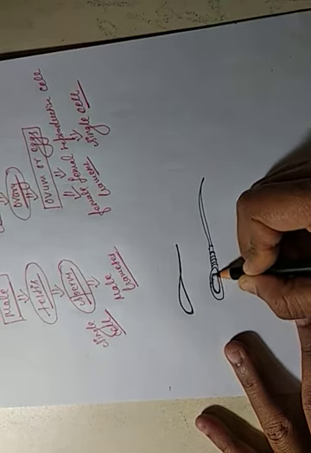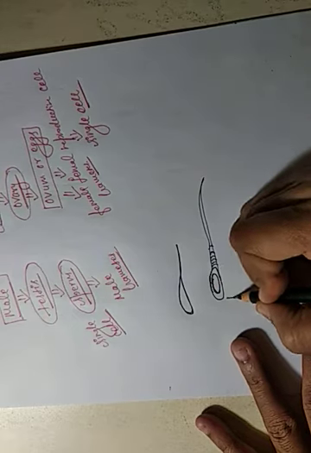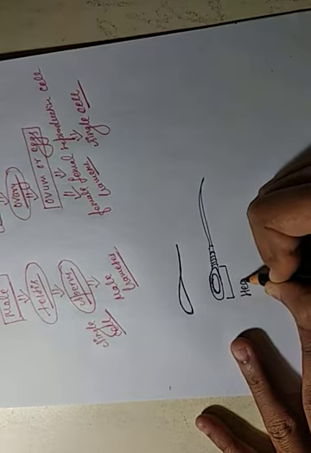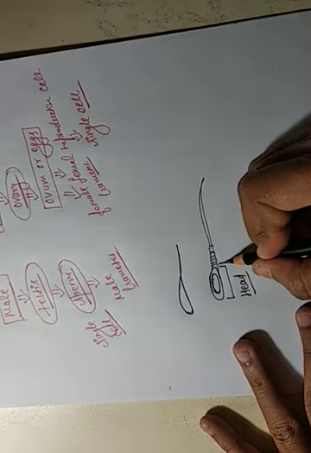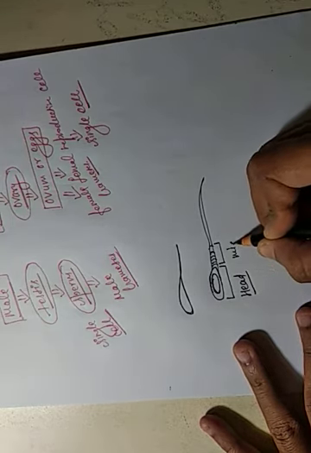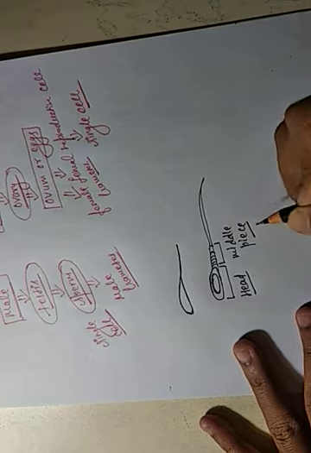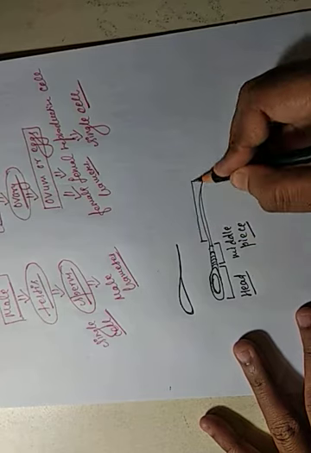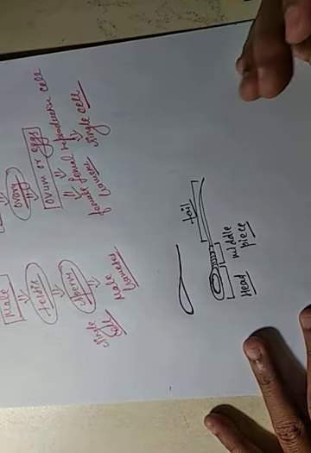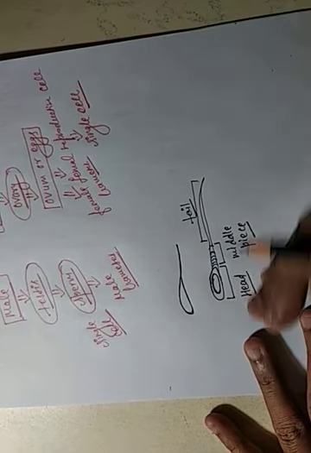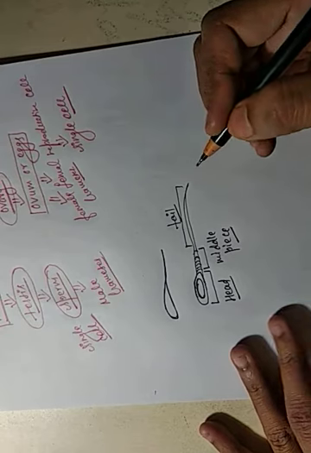In this form of sperm, this part is the head, this part is called the middle piece, and this is the tail, which helps in the movement of the sperm towards the ovum.